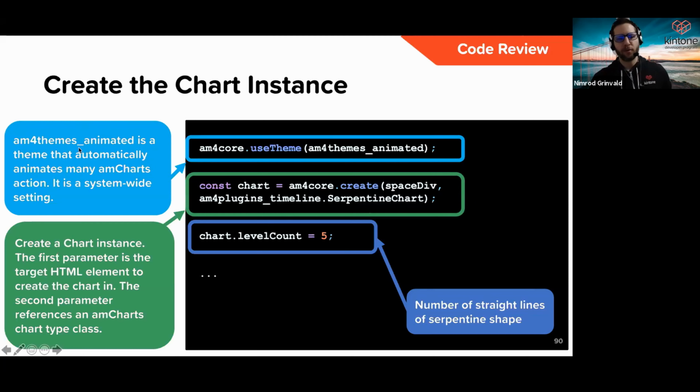Okay. So am4themes_animated is going to automatically animate many of these charts. It's going to make them look snazzy. And then this chart variable is us instantiating the chart. We're going to start doing stuff to it. And then we're going to indicate the number of lines that are basically like the number of rows that the serpent has.